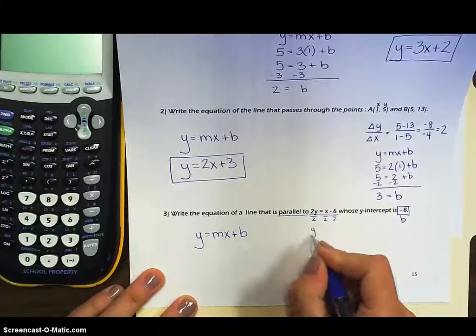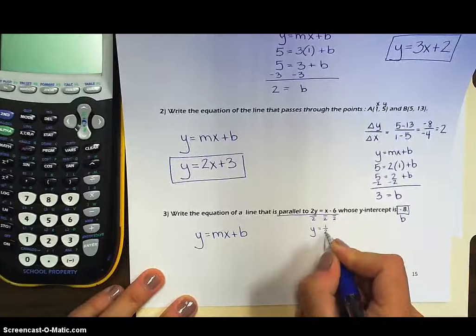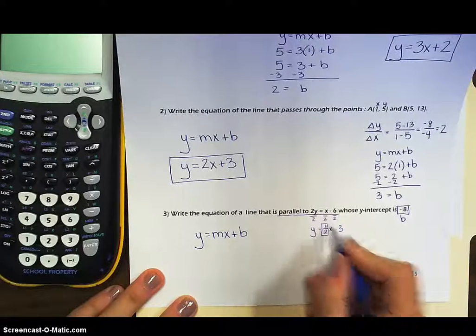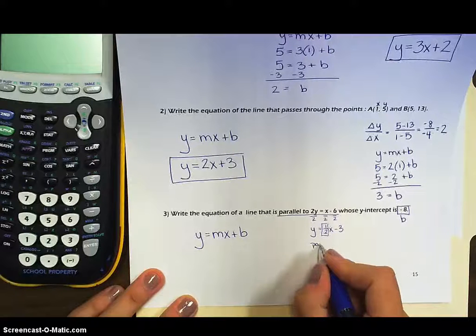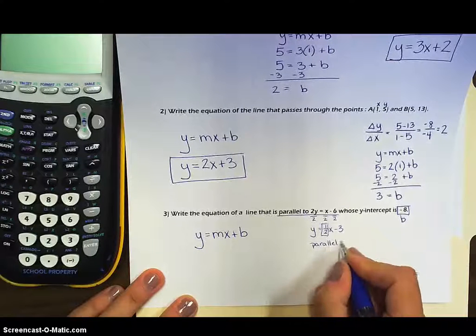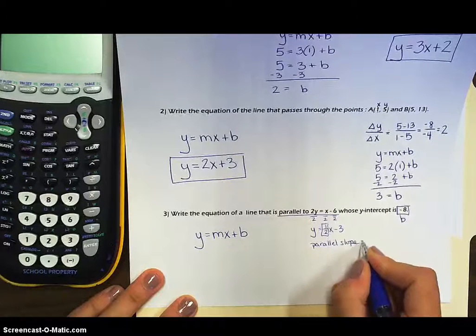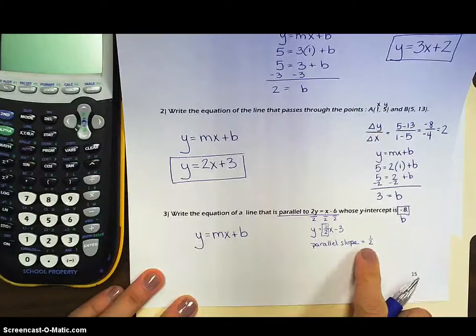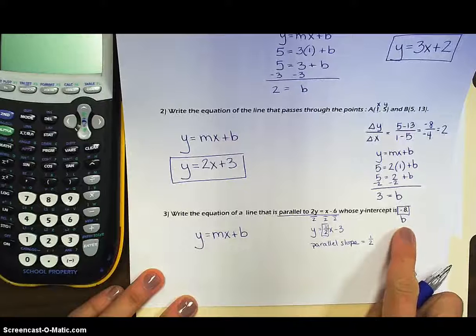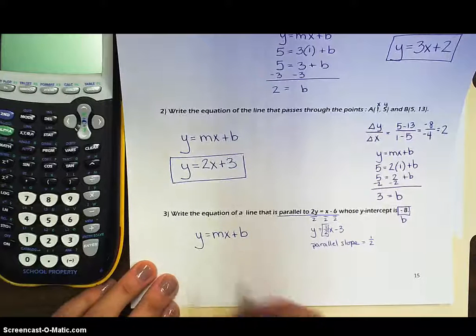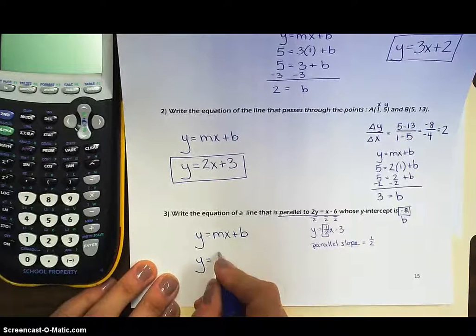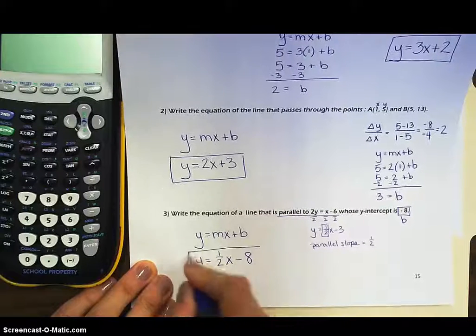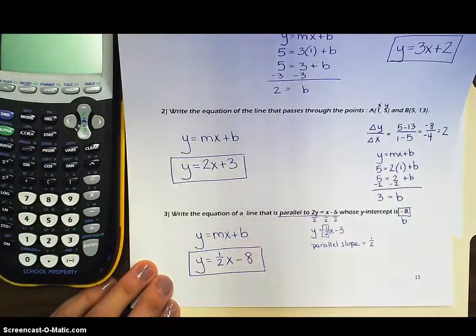So now I have y is equal to 1/2 x minus 3. So the slope of this line is 1/2, so that means a parallel slope is going to be the exact same, so 1/2. So now I have my slope, I have my y-intercept, and we can plug it in. So y is equal to 1/2 x minus 8. And we now have our final answer.